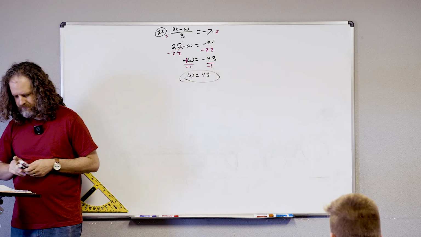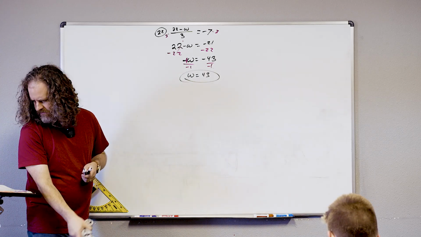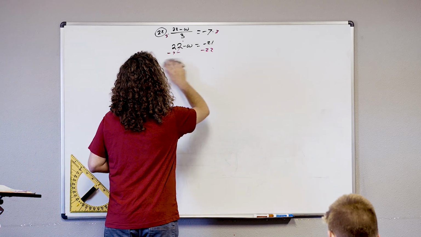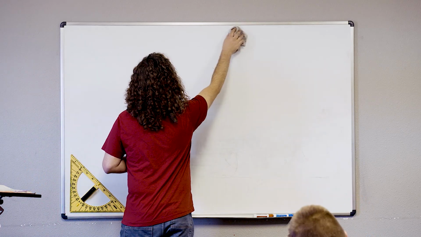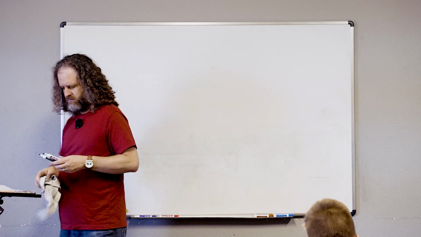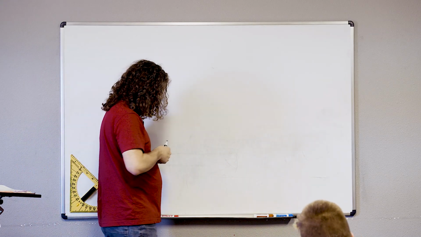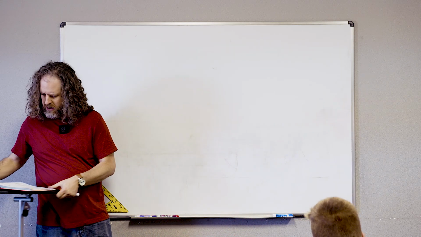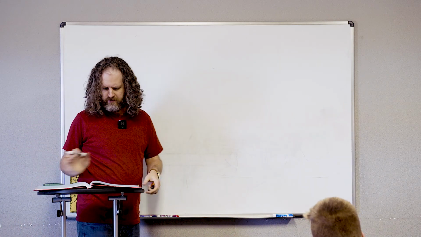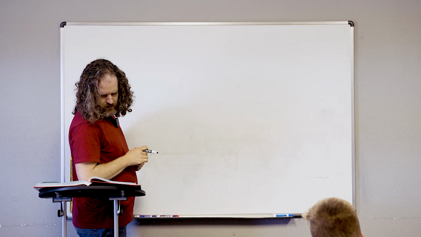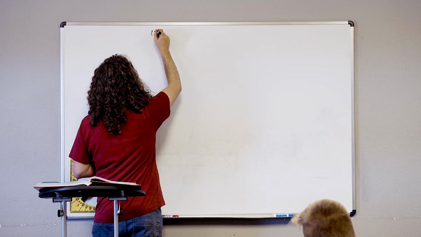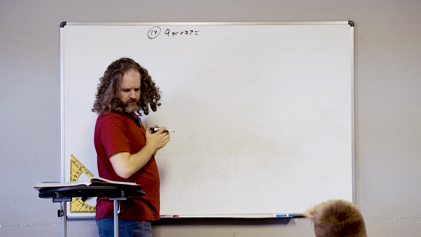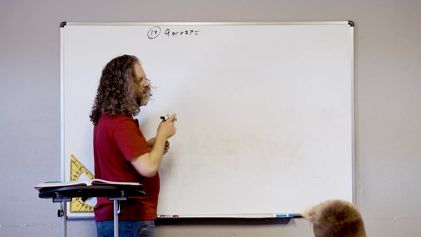All right, what else? 14. 14 is 9x plus 27 equals negative 72.